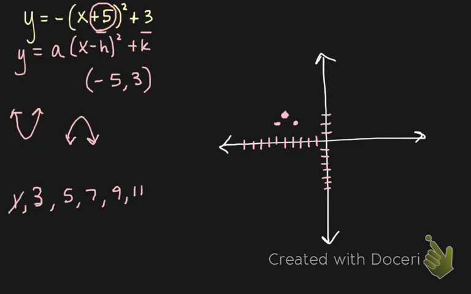Our next step value is 3, which means we're going to travel from the previous point over 1 and down 3 points. The next step value is 5, so we're going to, from this point, travel over 1, down 5.